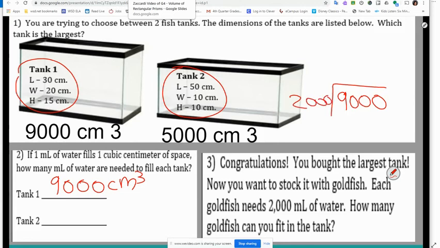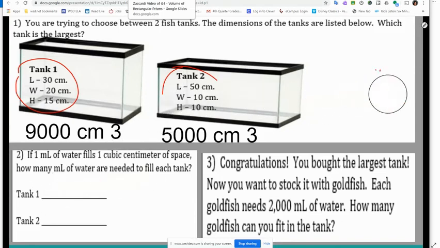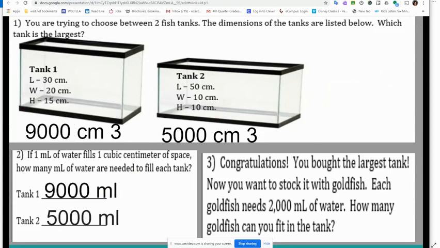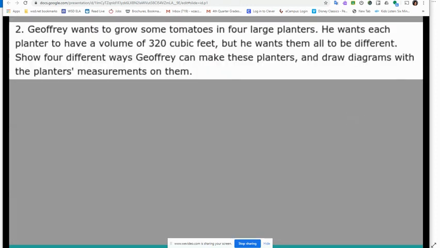So if we divide it, we know that we can get at least 4 goldfish, and it will have 1,000 milliliters left over of water, so they'll have a little more, okay? So that's how you figure out these problems. And we'll have 4 goldfish.